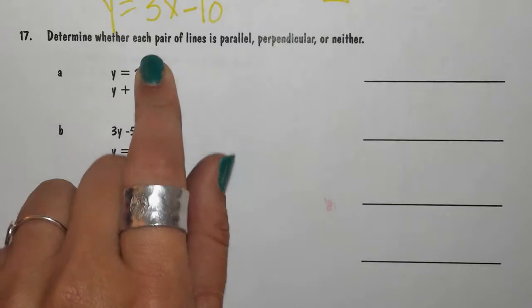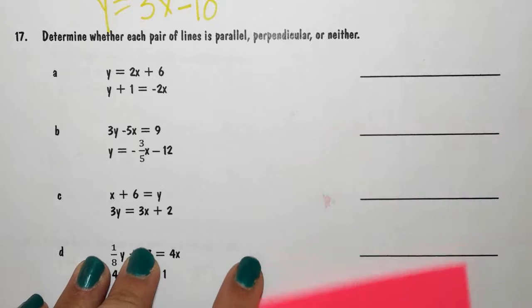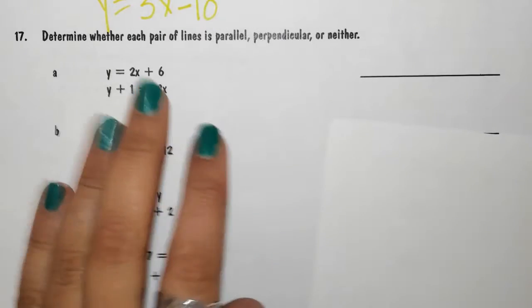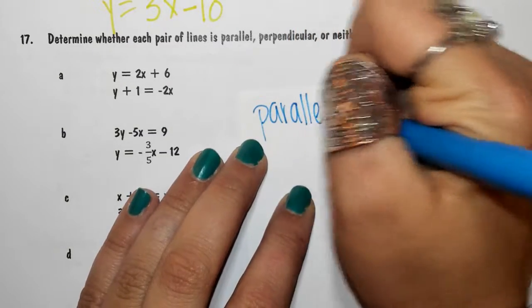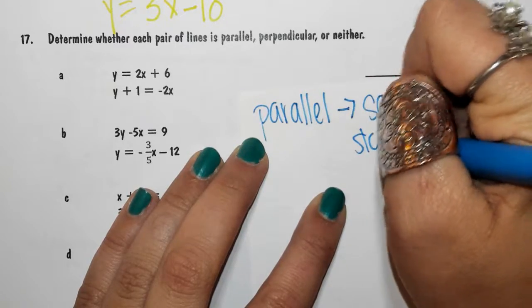Alright, determine whether each pair of lines is parallel, perpendicular, or neither. For them to be parallel, what kind of slope do they have to have? The same. Same slope. Alright, so I'm going to write this down. Parallel, same slope.